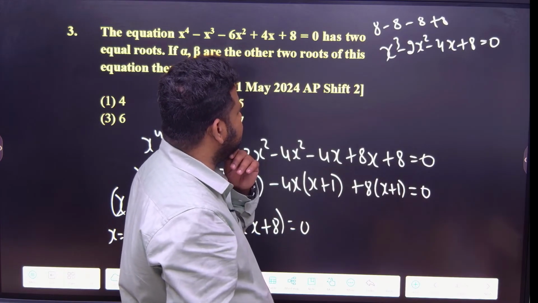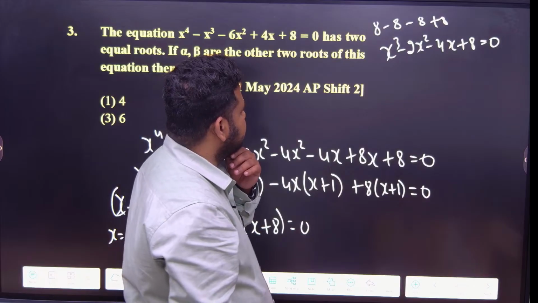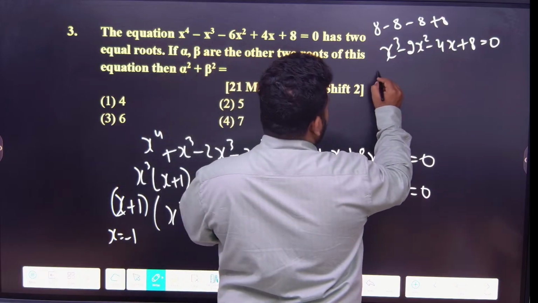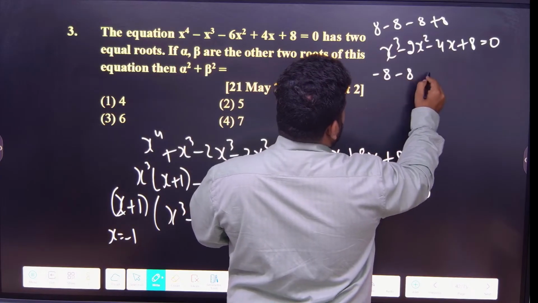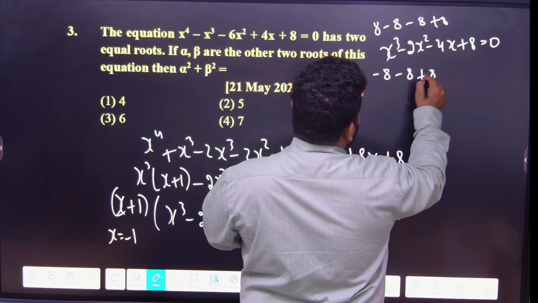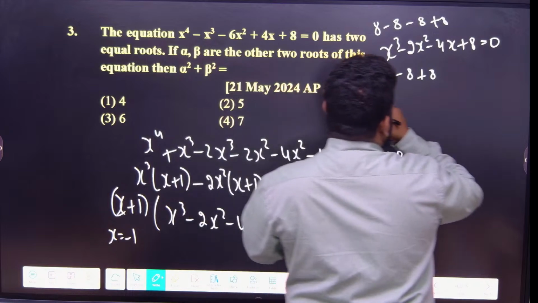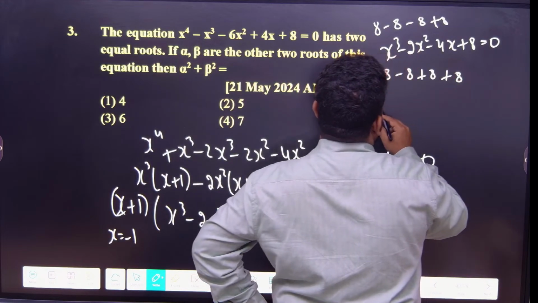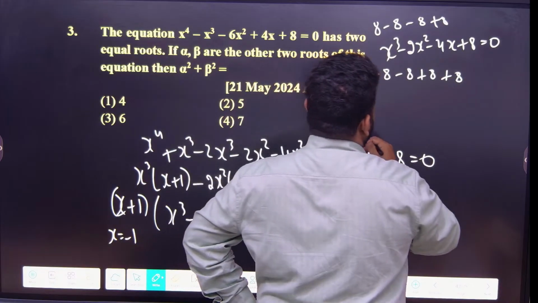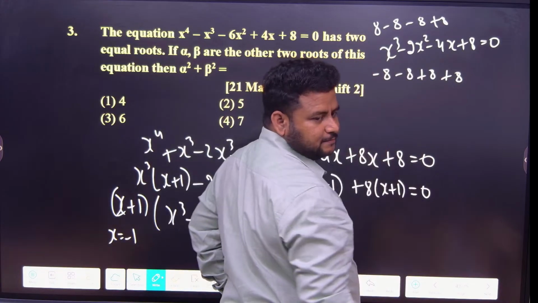But what about minus 2? If I take minus 2, this will become minus 8, and this will become minus 8, and this will become plus 8, plus 8, correct? No, minus 2 is also possible.